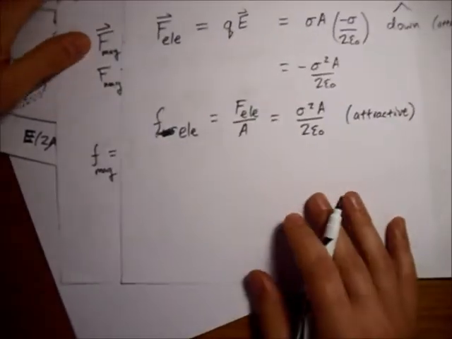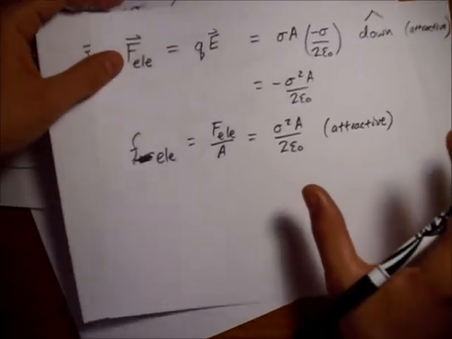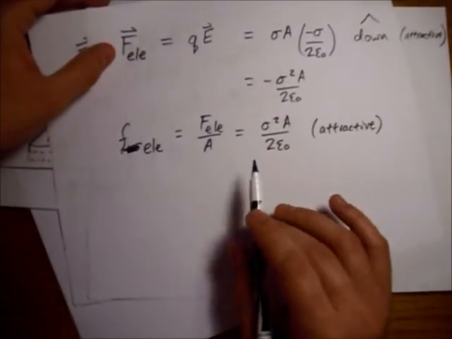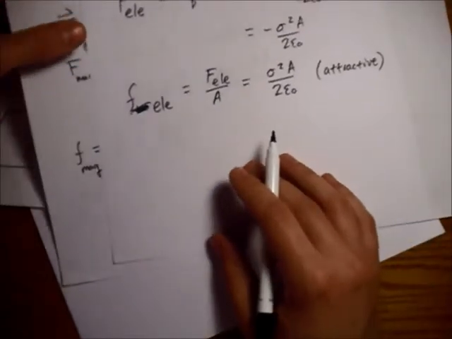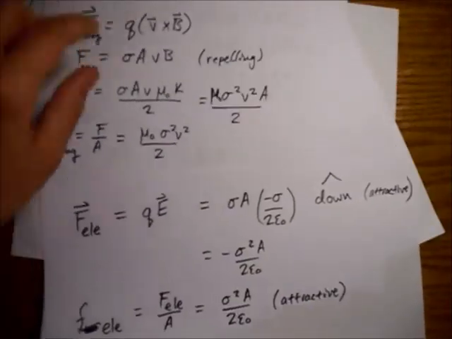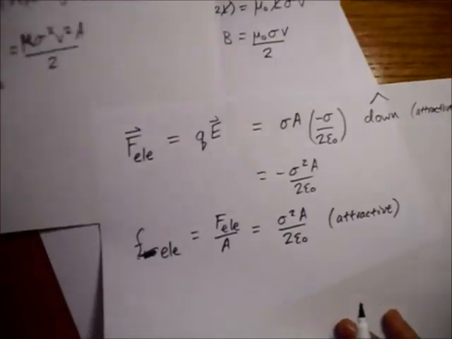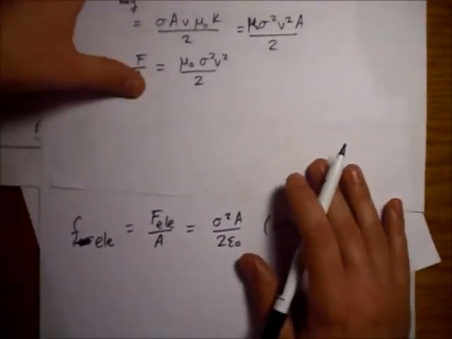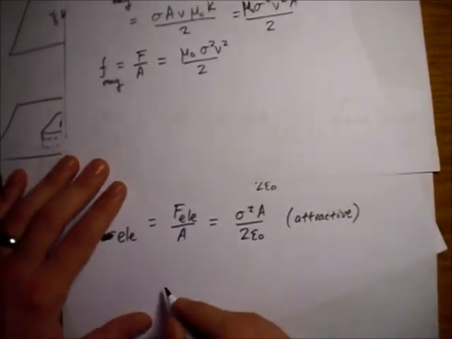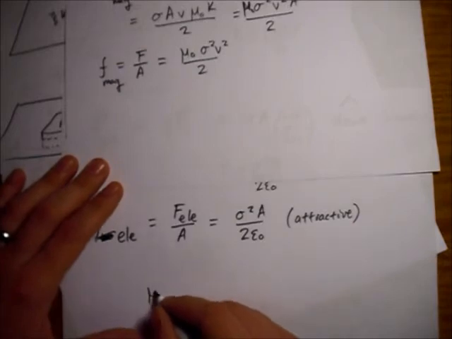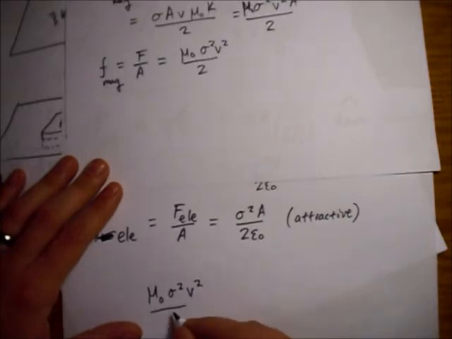Okay, so our question originally was what speed do these plates have to be traveling in order for the electric force to balance with the magnetic force? So here we have a repelling force per unit area and an attractive force per unit area. Let's set them equal to each other, meaning they're balanced, and see what we get. So here I'll write the magnetic one, mu naught sigma squared v squared over 2.